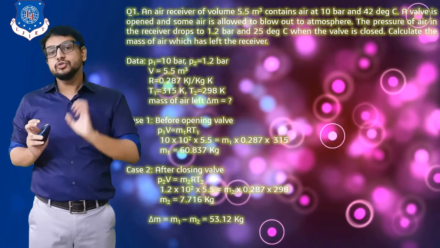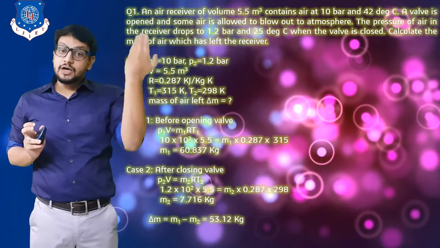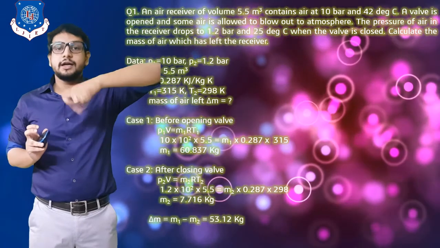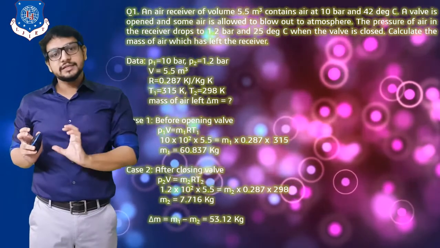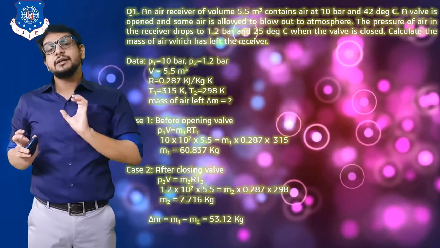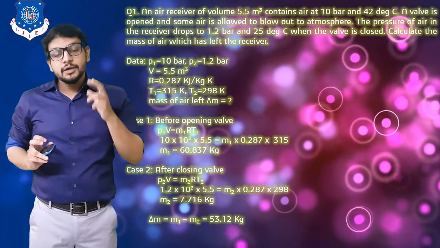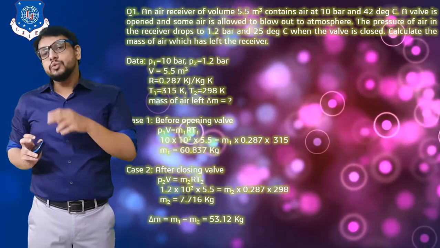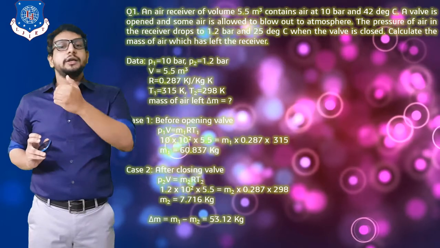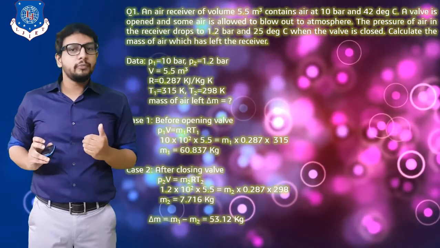Now taking case 2, that is we have opened the valve, some air comes out, and then we close that valve. After closing, whatever mass is present, we need to find out. So M2 is that mass which is present in the air receiver after closing the valve. The equation will become P2V is equal to M2RT2. P2 is given, that is it drops to 1.2 bar.